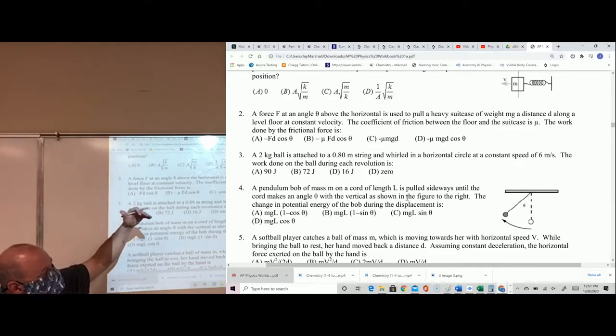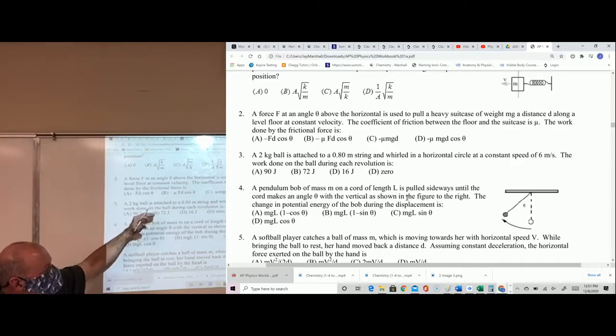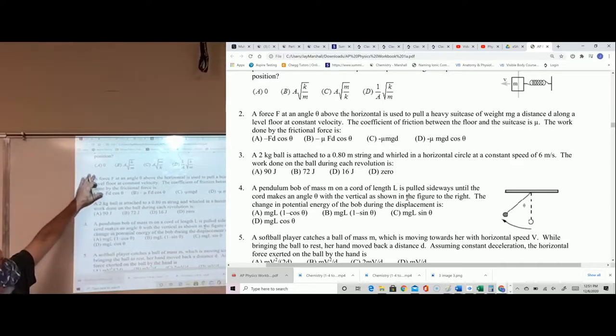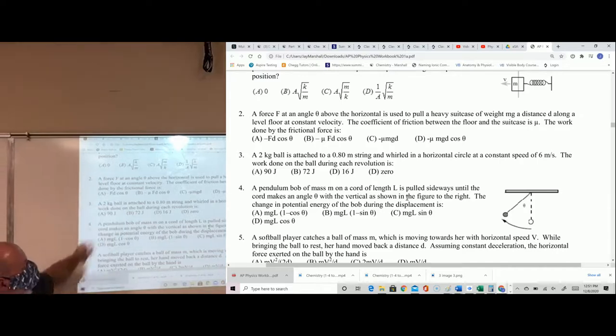But we could do that using force equations and net force equations, free body diagrams, and things like that. But it's a lot easier in some circumstances to use a conservation of energy approach.